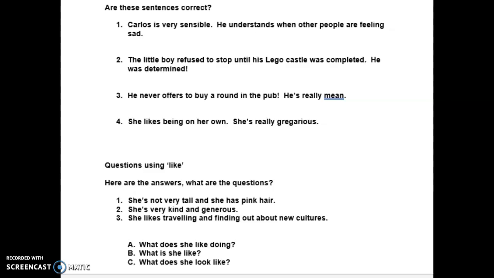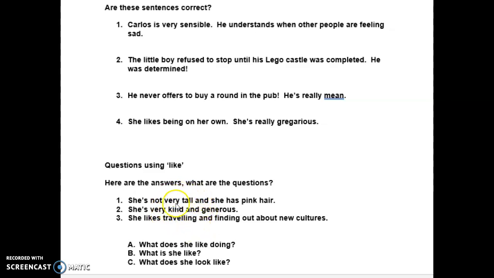You need these for some speaking you're going to be doing at the end of the lesson. I'm going to give you 3 sentences. They're all answers. What are the questions? So just show the students the 3 sentences which are the answers.